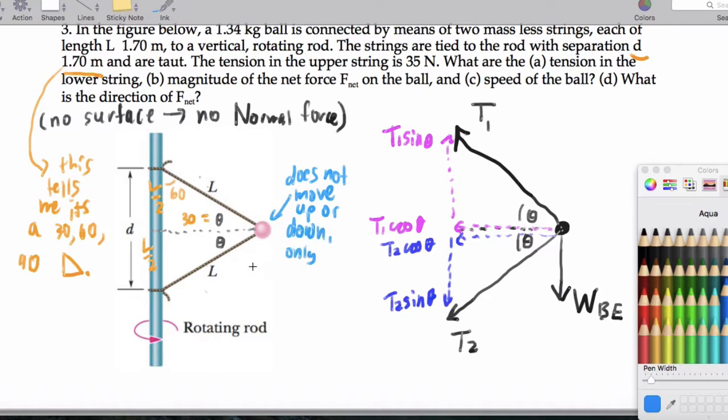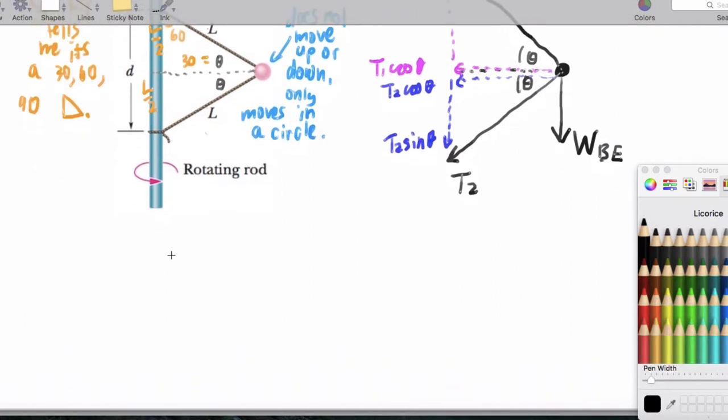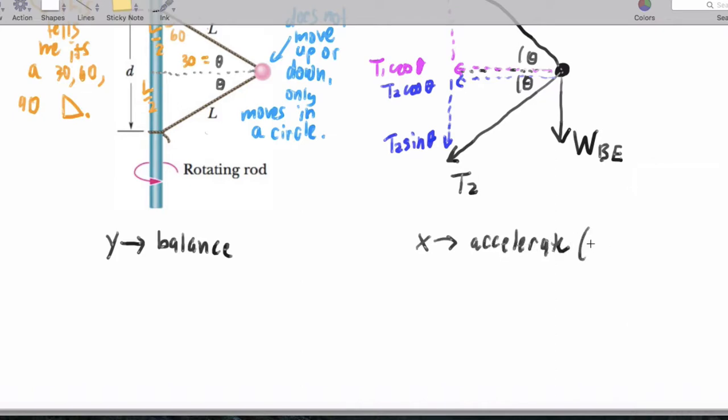It only moves in a circle. That's all it does. So what this tells us is that in the y direction, we balance. And in the x direction, we accelerate. Horizontally, we accelerate because we're moving in a circle.